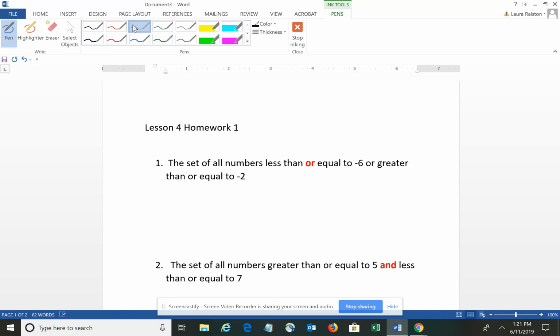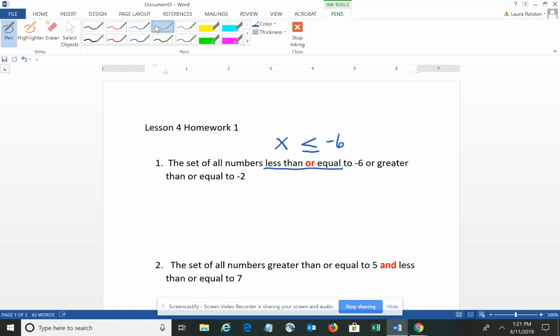You have the phrase less than or equal. Symbol-wise, less than is the little v that points to the left, and when it says equal, you put the little half of an equal sign there. So you would have some number less than or equal to -6.